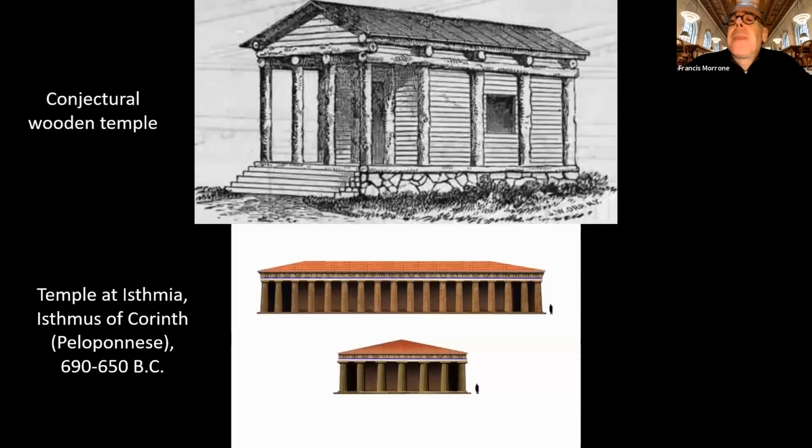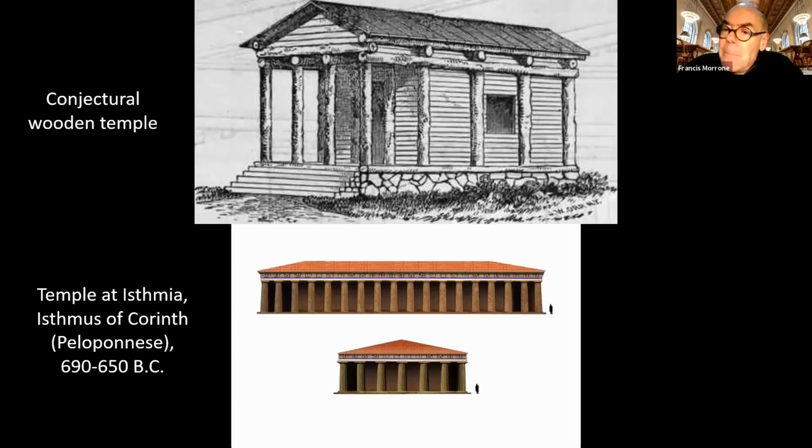And so our understanding of the great Greek temples is that their forms and many of their details derived from wooden architecture, that is the ultimate source of the orders, which I will be discussing in just a moment.